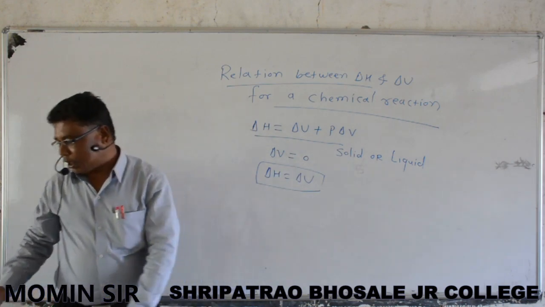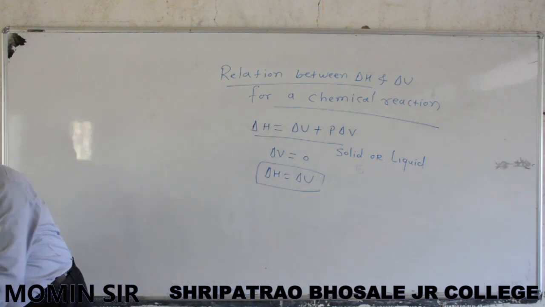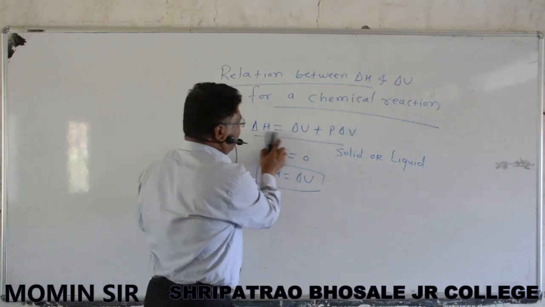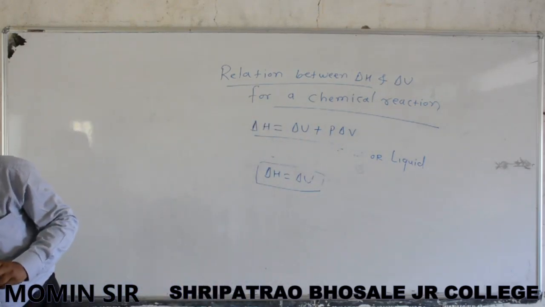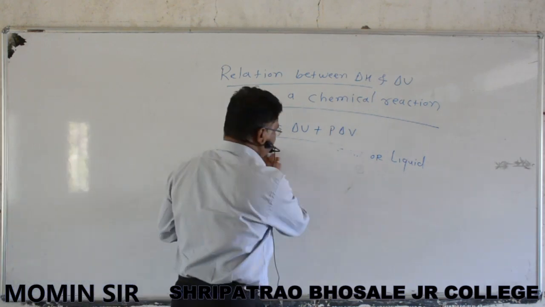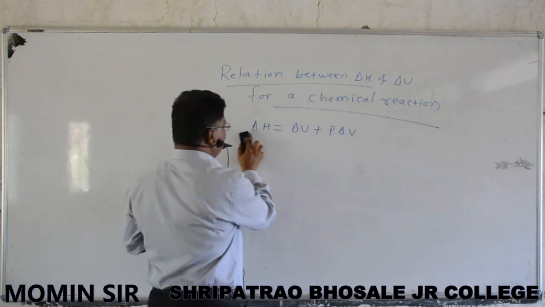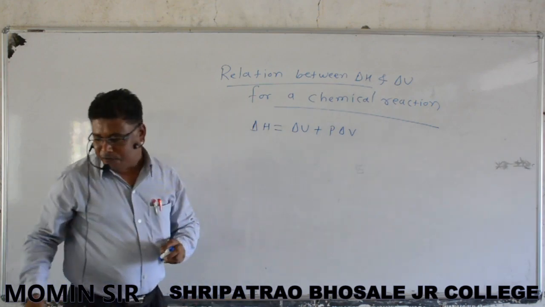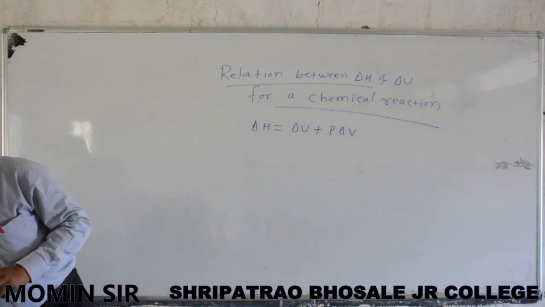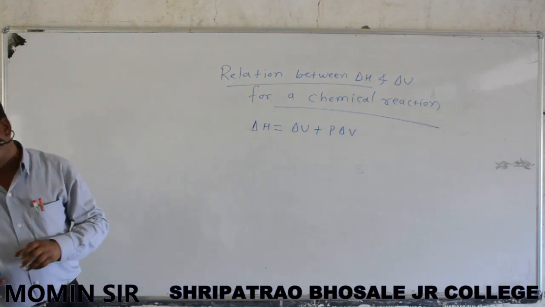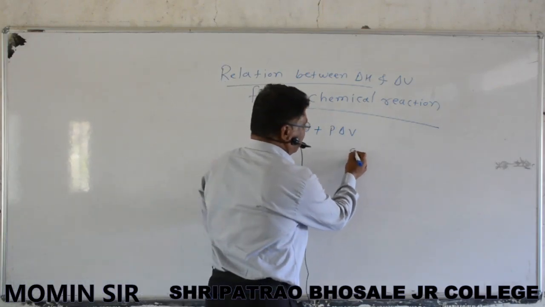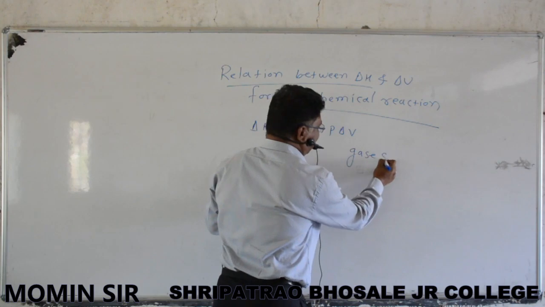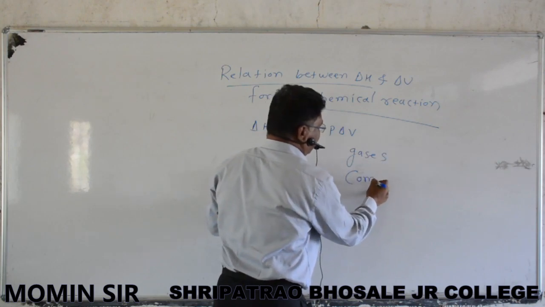Then we can write the equation, that is delta H is equal to delta U plus P delta V. In this reaction, change in volume is not equal to 0 because gases are highly compressible.